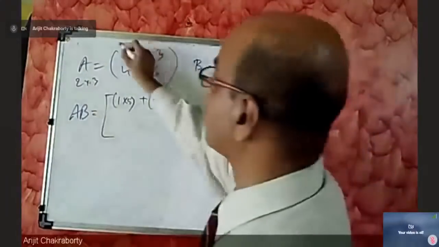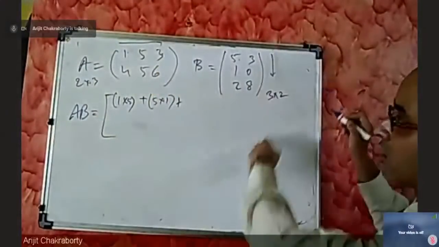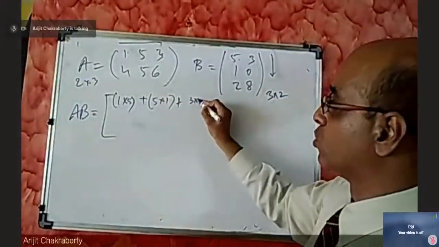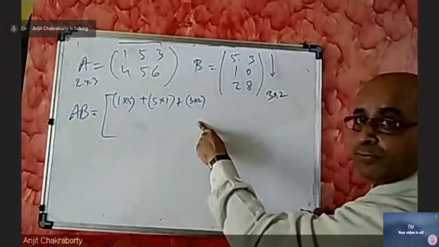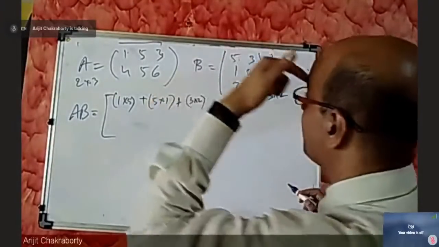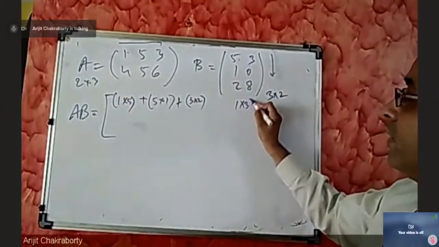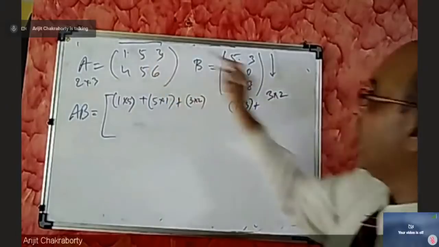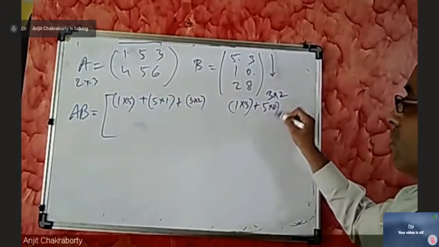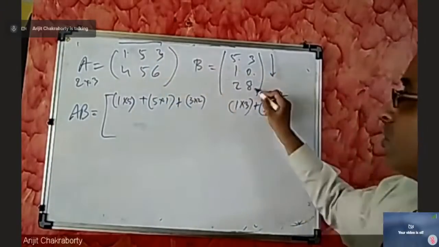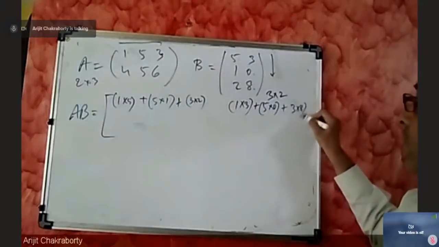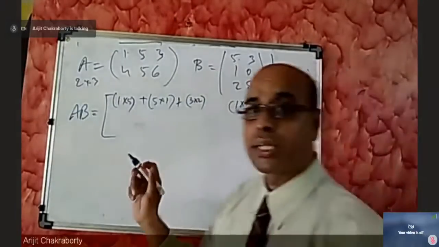So we are going row wise on this side and column wise on that side. This is the first expression. Now we will take 1 into 3 plus 5 into 0 plus 3 into 8. Now we go to the second row.